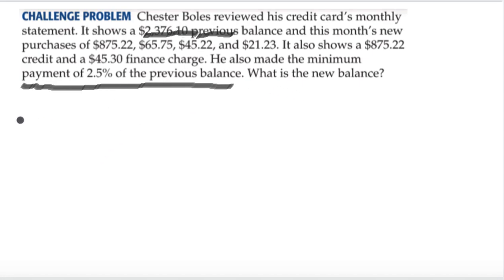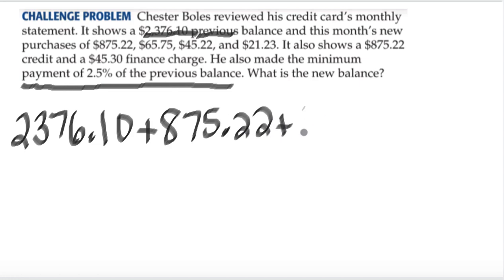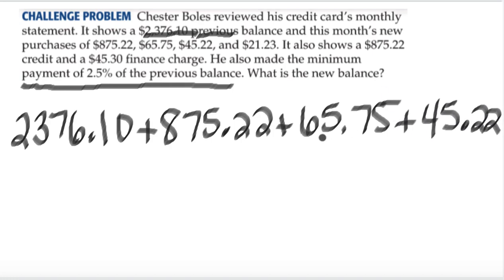Okay, so we're going to start with that previous balance, the $2,376.10. His new purchases, so that's going to increase. So plus $875.22 plus $65.75 plus $45.22 and plus your $21.23.